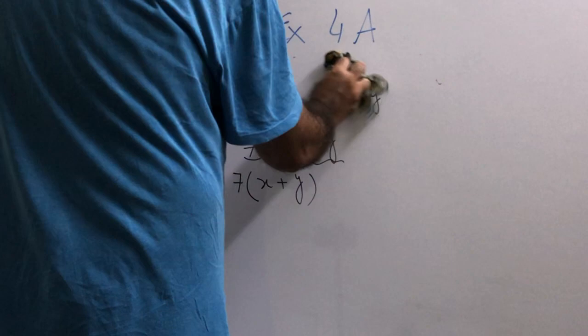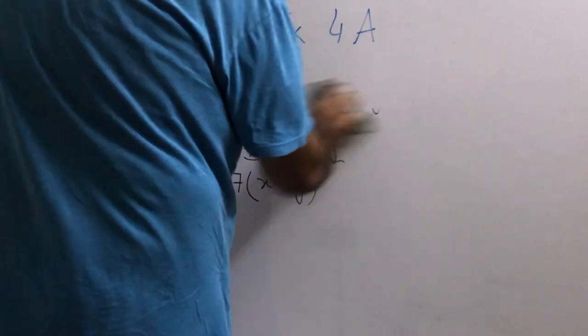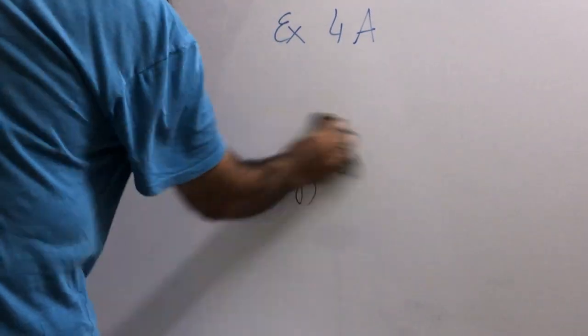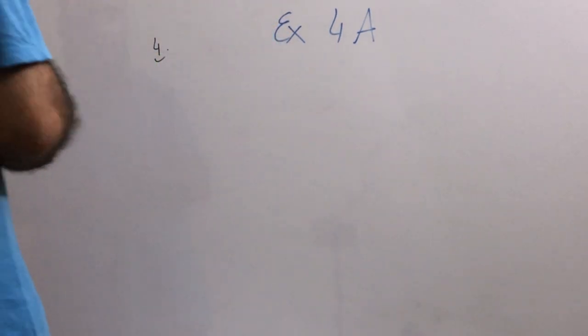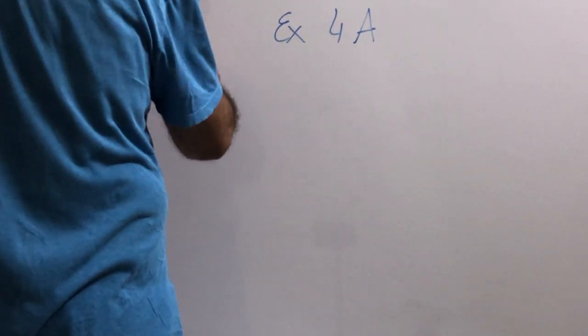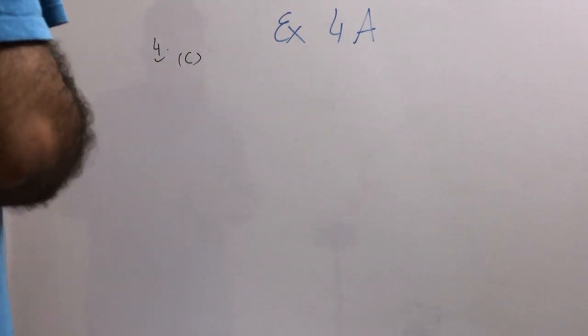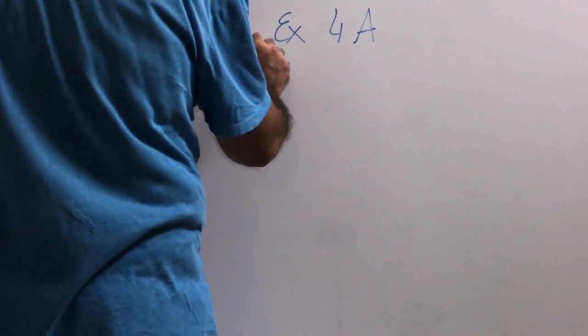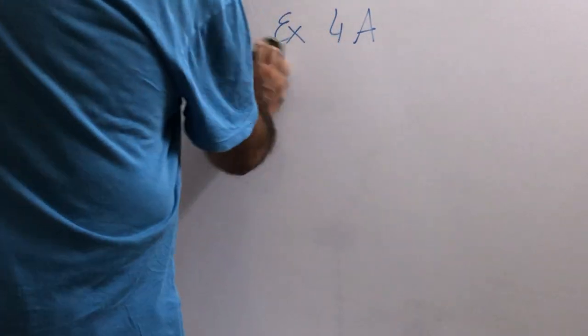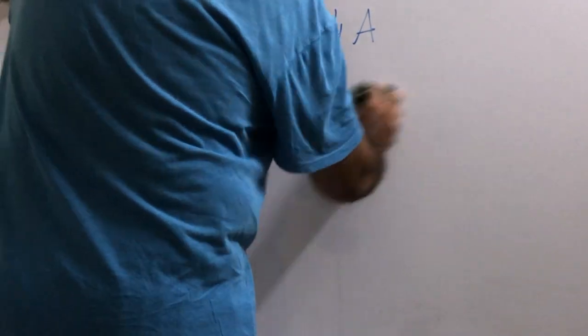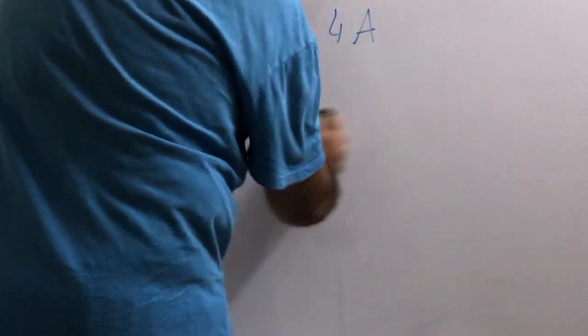Now we will simplify another expression for part C. We are doing exercise 4a. In part C we have the expression 6xy. See, 6xy means 6 multiplied by x multiplied by y.